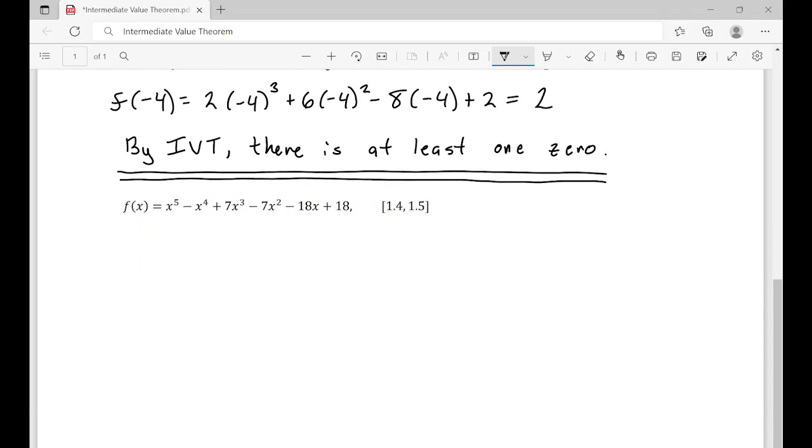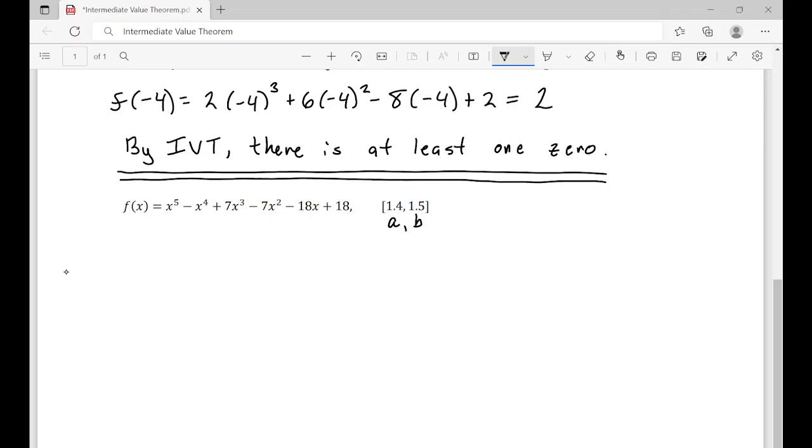Now let's do it one more time for this long one. F of x equals x to the fifth minus x to the fourth plus 7x cubed minus 7x squared minus 18x plus 18 on the interval 1.4 to 1.5. So a very small interval, but still our a and b value.